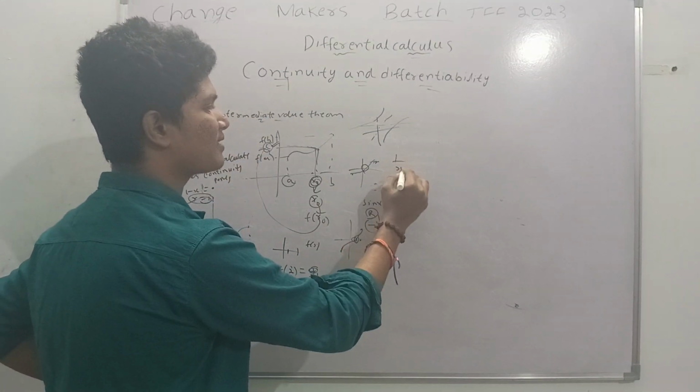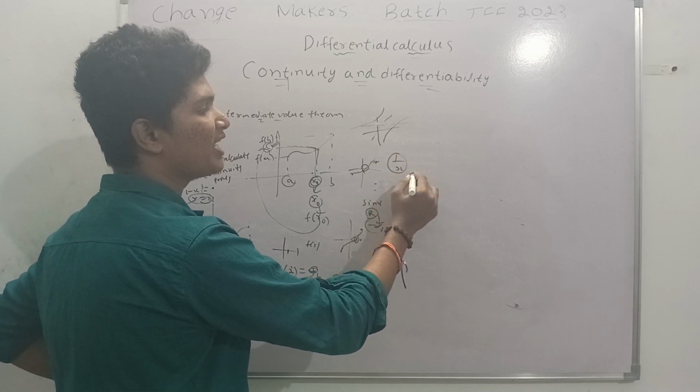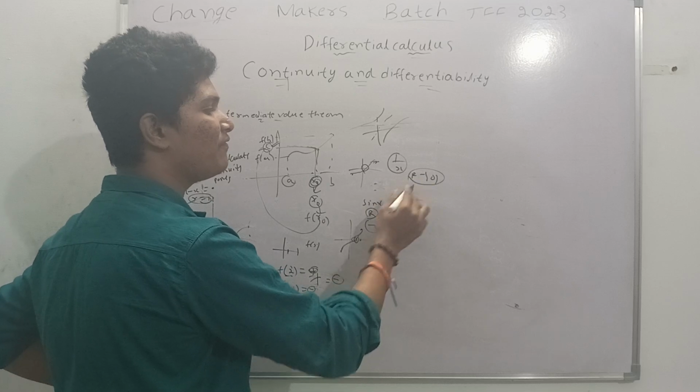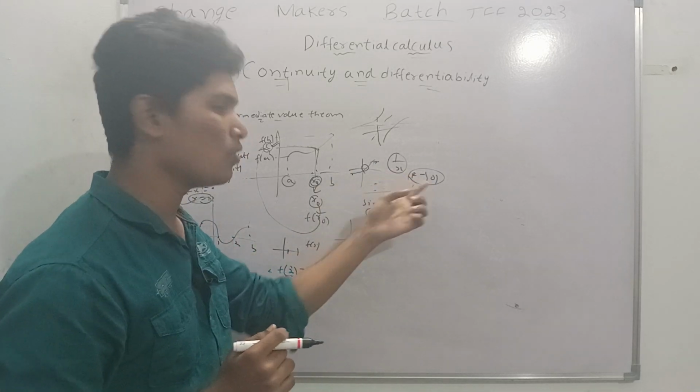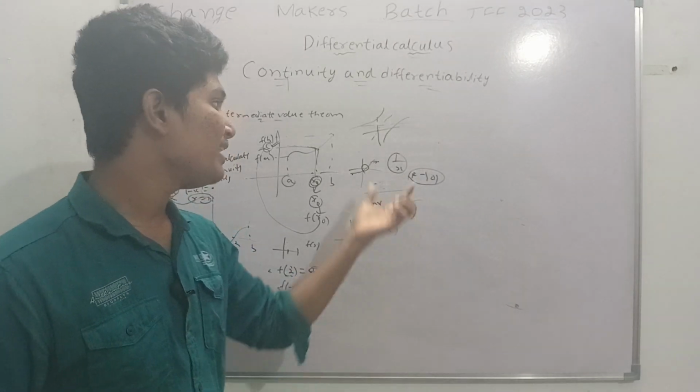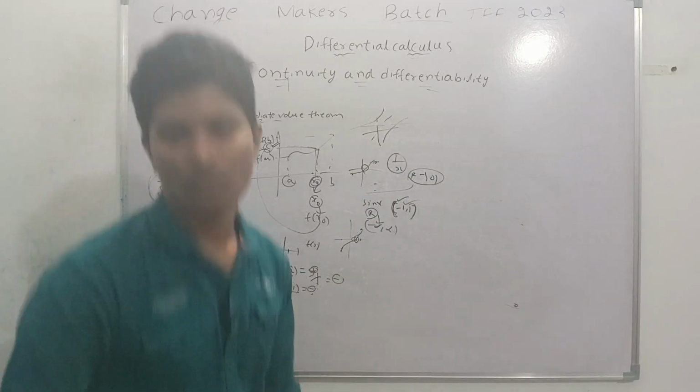Suppose if we see 1 by x, what is its domain? Its domain is R minus 0. So in R minus 0, everywhere except 0, it is continuous.